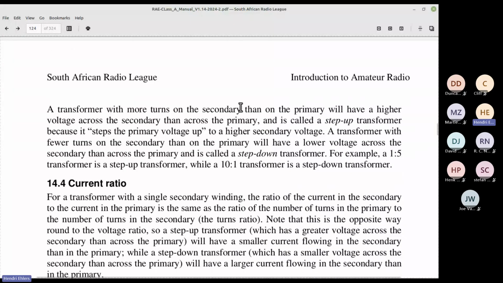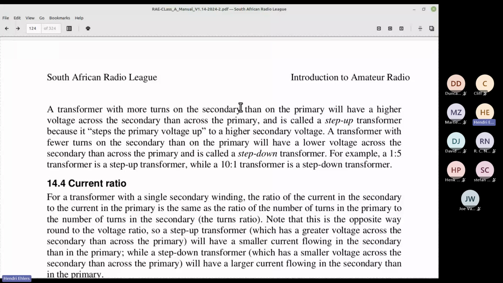Right here they say a transformer with more turns on the secondary than on the primary side will have a higher voltage across the secondary side, and that would be called a step-up transformer. And then vice versa, a transformer with fewer turns on the secondary side would be called a step-down transformer.